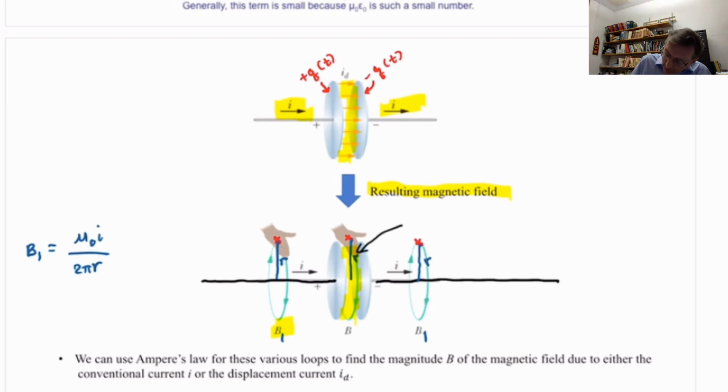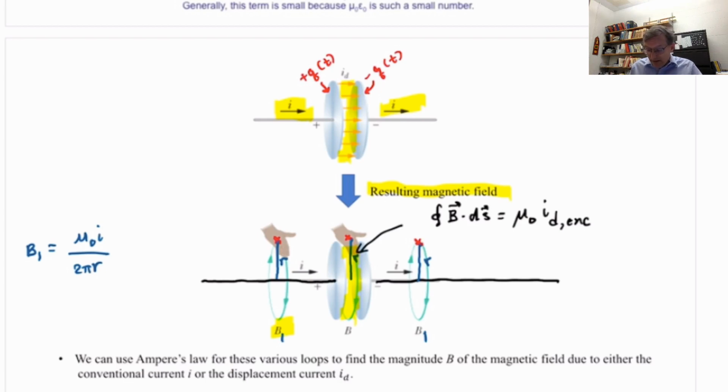We would integrate B dot ds around that loop, and the answer must equal mu 0 times the displacement current enclosed by the loop. Because for this loop now in the middle, there is no conventional current piercing it. Because remember, we're in the region between the plates. There is displacement current.